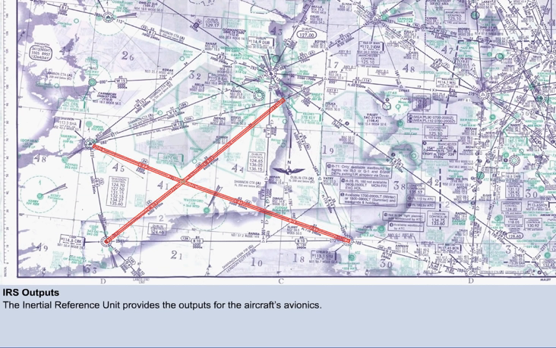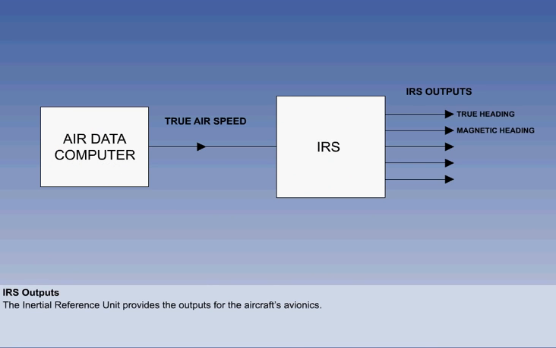However, whilst the IRS navigation and computing is all carried out in true, normal aviation practice is to use magnetic directions for all air traffic control instructions and airways information. Pilots therefore need to know their magnetic heading. The IRS, being more modern than the INS, has a greater computer memory.